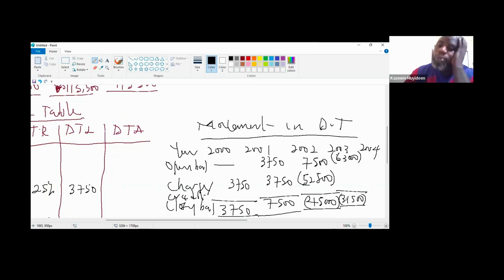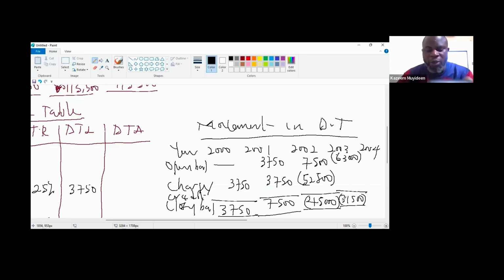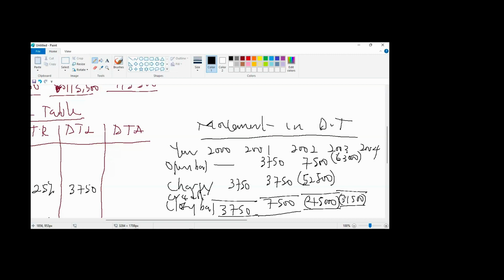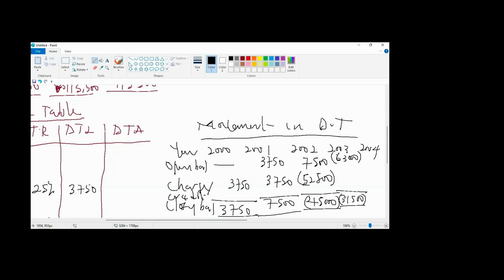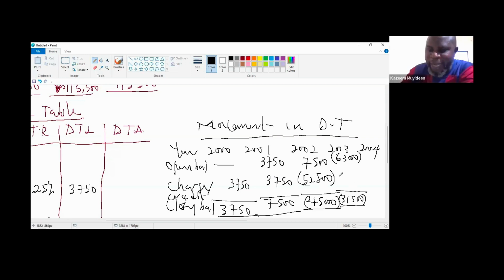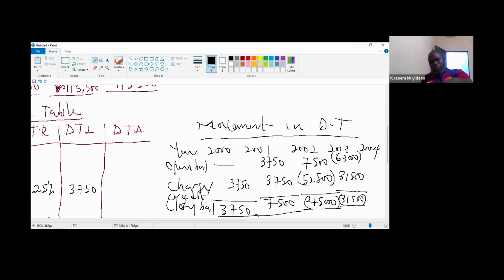So what will happen now? What does it give us? Credit or charge? Bigger credit. It's charge. 81,500. When we remove that, you give me 31,500.